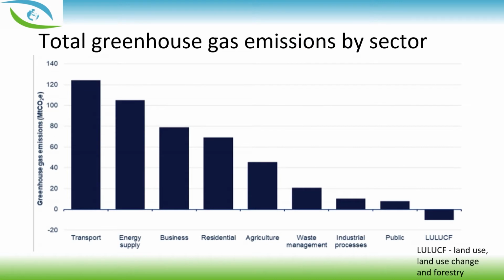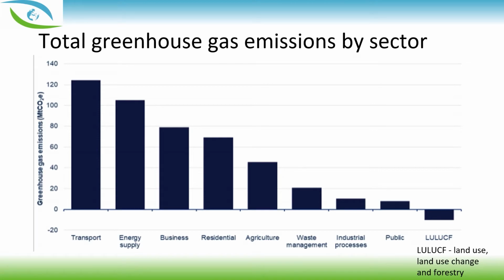Most greenhouse gases are emitted through the transport and energy sectors. The next three biggest areas are business, residential and agriculture. Roughly speaking, transport accounts for about 26% of emissions, with energy a further 25%, and business and residential at 17 and 14% respectively. These proportions change each year as the total greenhouse gas emissions fall.